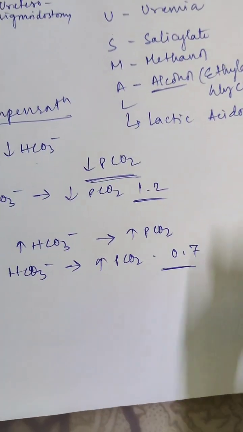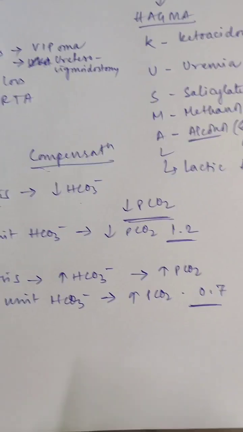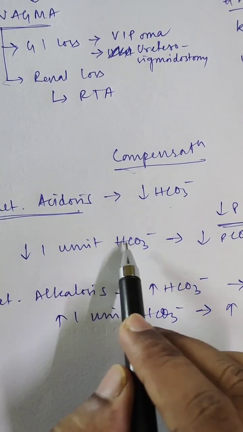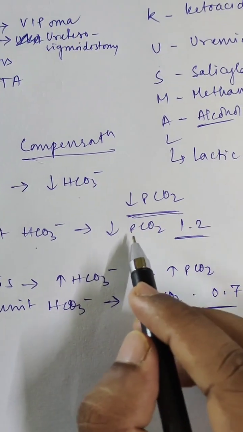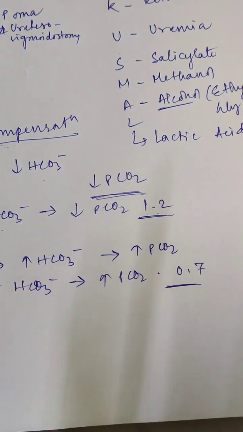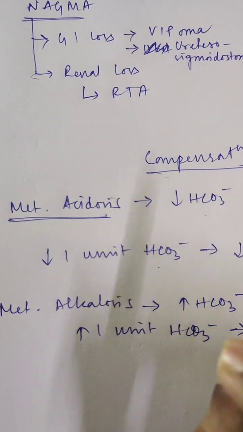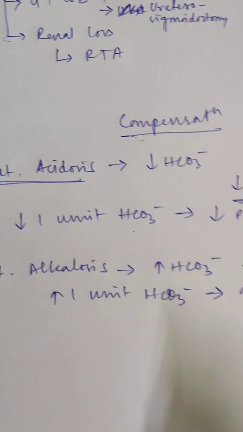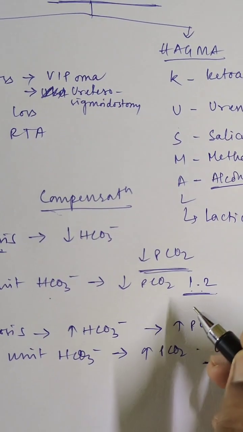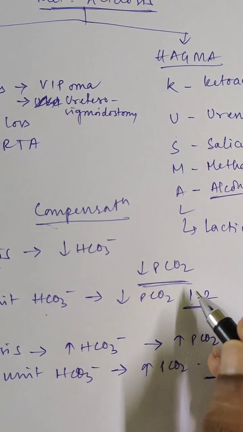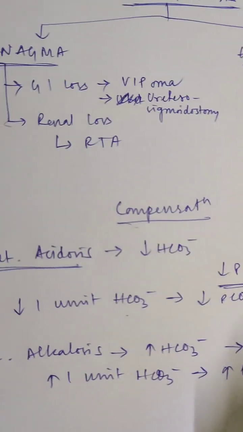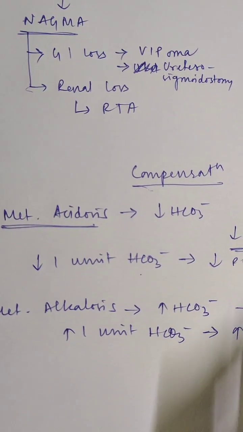If in metabolic acidosis, for every unit decrease of bicarbonate, the PCO2 decreases by 1.2, only then it will be called fully compensated metabolic acidosis, and the same goes for alkalosis. If this much PCO2 compensation does not occur or occurs but is less in amount, then it will be called partially compensated metabolic acidosis or metabolic alkalosis.